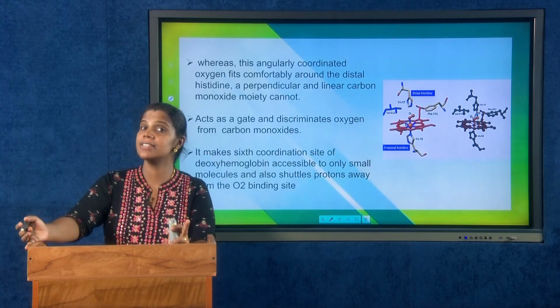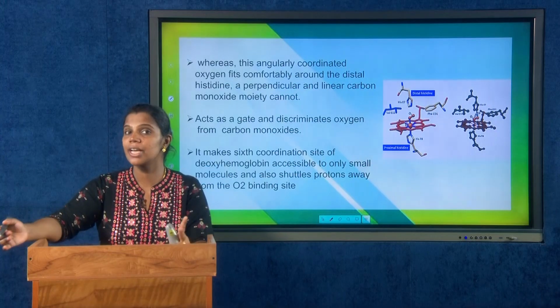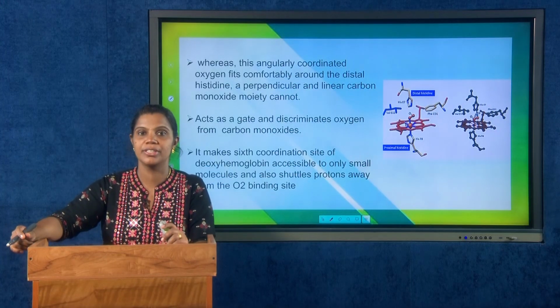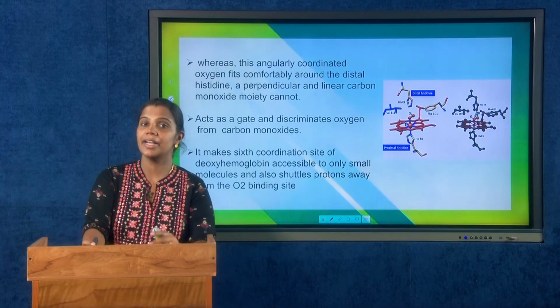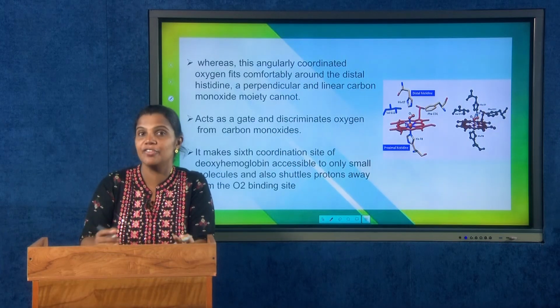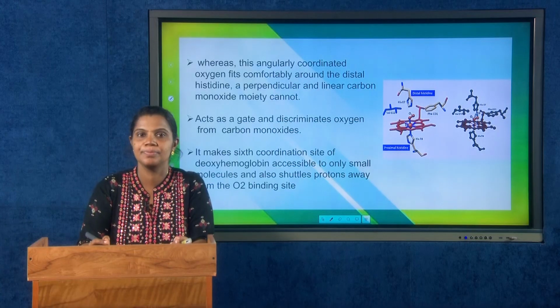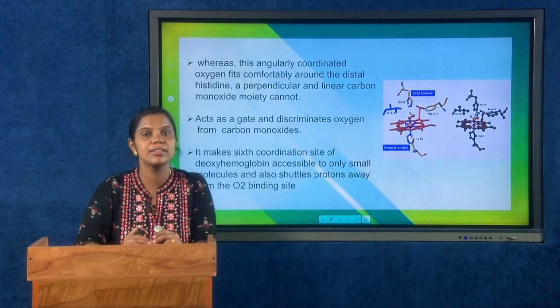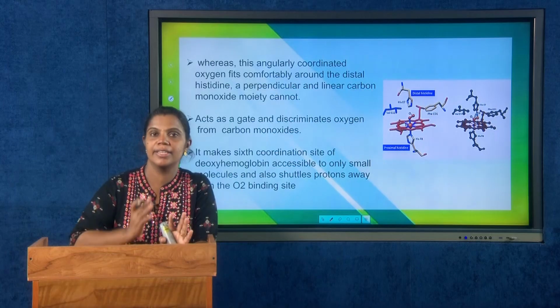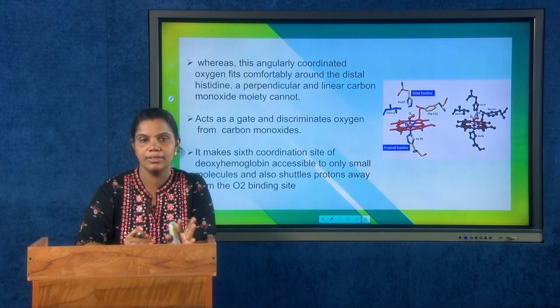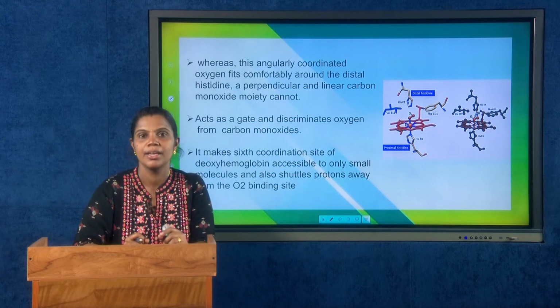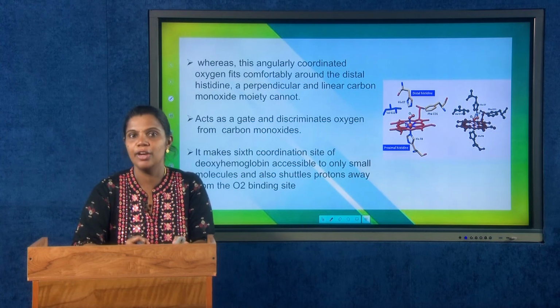The dioxygen molecule is actually binding in the angular fashion. It can comfortably bind in the angular fashion, and the distal histidine will actually stabilize it. And the carbon monoxide cannot bond with the heme center due to the steric effect.